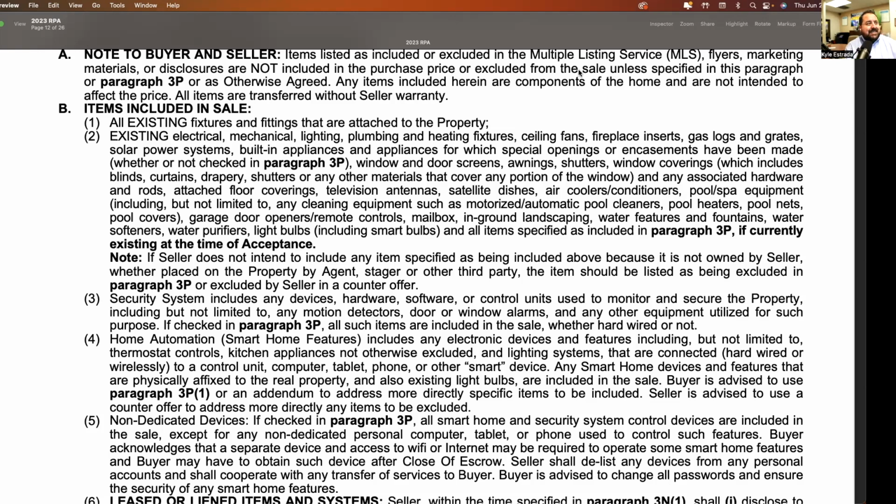Okay. Existing electrical, mechanical, lighting, plumbing, and heating fixtures, ceiling fans, fireplace inserts, gas logs and grates, solar power systems, built-in appliances, and appliances for which special openings or encasements have been made, whether or not checked in 3P.